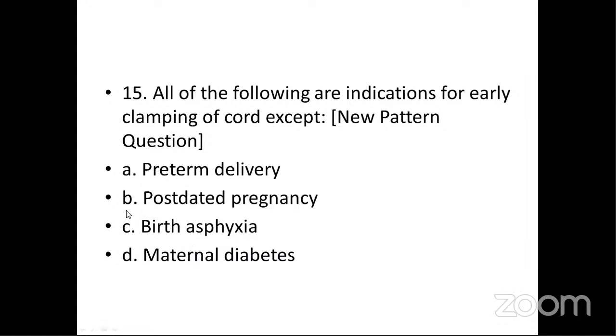So the answer for this question, where you do not do early clamping of the cord, is post-term pregnancy. In case of post-term pregnancy, the baby is absolutely normal, right? So in such cases, you can go ahead with the normal active management of the third stage of labor, that is, delayed cord clamping can be followed.